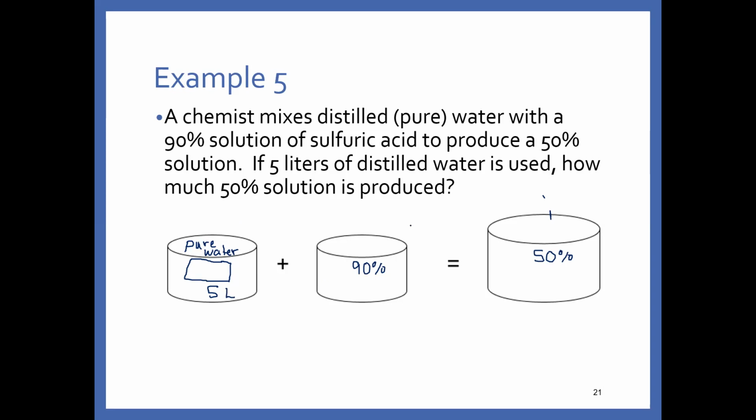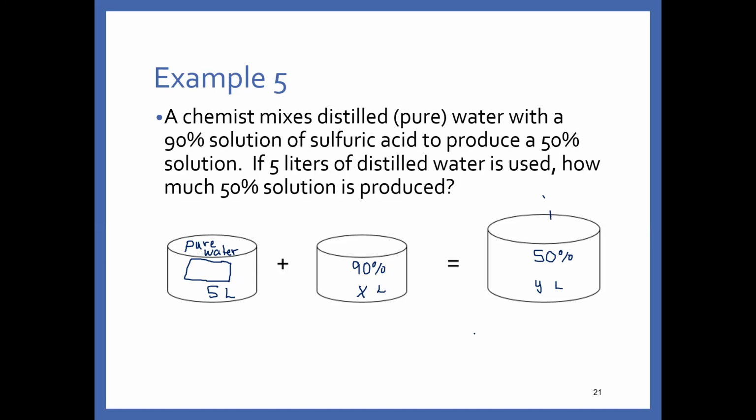How much of the 50% solution is produced? Well, that depends because I don't know how much of the 90% solution is used. So going across, I'm going to put the 90% with an X, liters. I don't know how much of that I'm dumping in. And then I don't know how much I'll end up with either, so Y, liters.